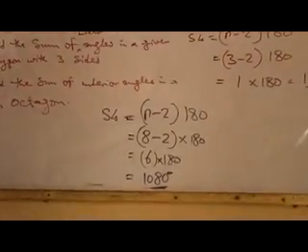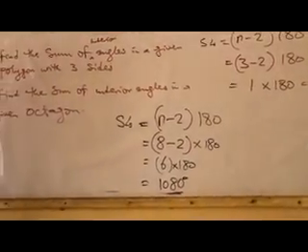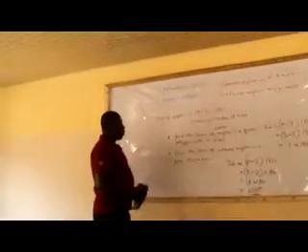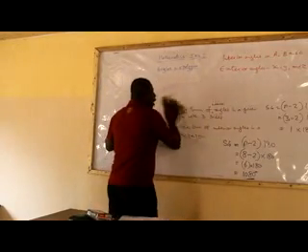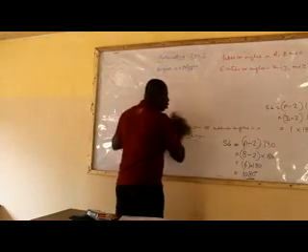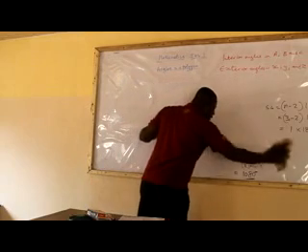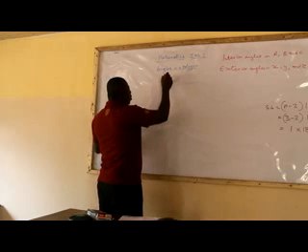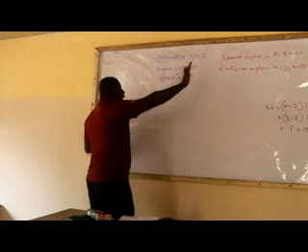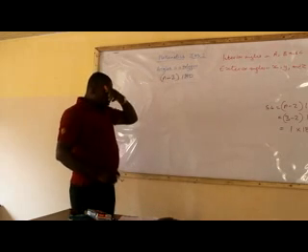Now another exercise that will help us again. The questions might come in this way. Another question that will help us to drive home what we have just learned. Always remember the sum of interior angles in a given polygon is n minus 2 multiplied by 180. This is the general formula, where n is equal to the number of sides.